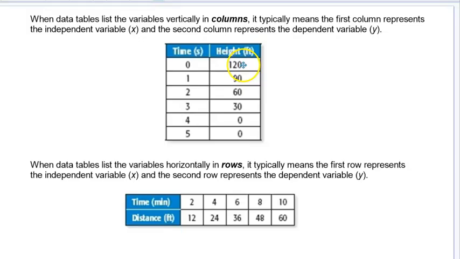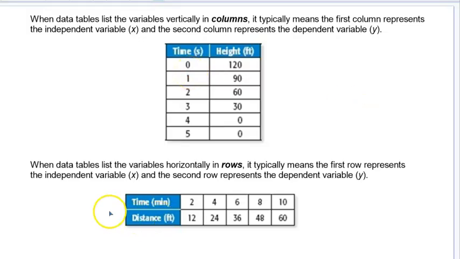And then the second column is going to be the dependent variable or the y. So this particular table is a function for height given a certain amount of time in seconds. It's the function of height given time.